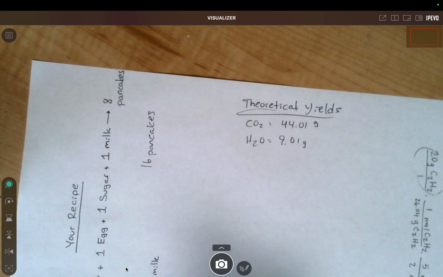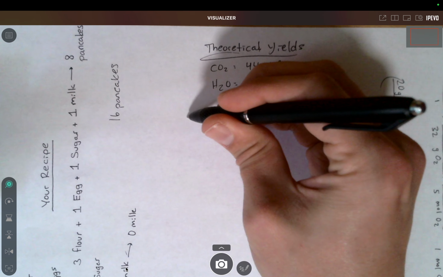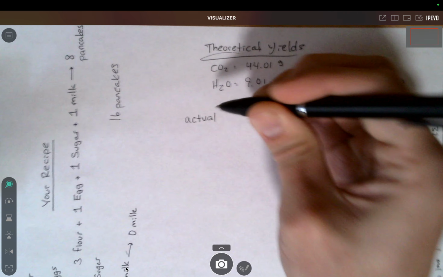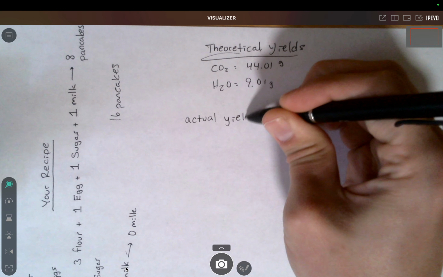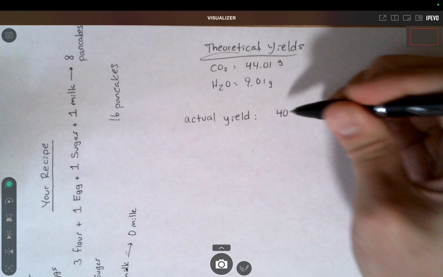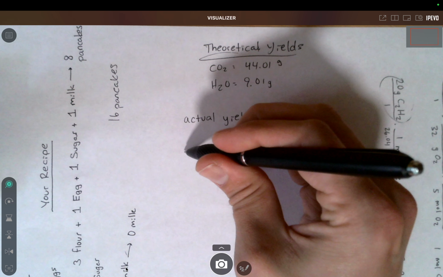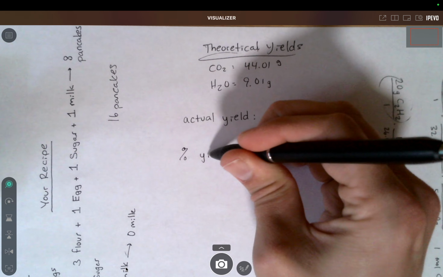So in this silly example here, let's imagine I did that reaction and I actually produced, my actual yield was 40 grams of CO2. What was my percent yield?